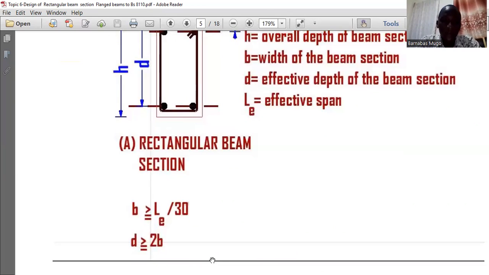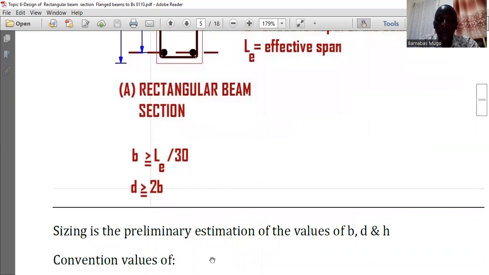So if I want to know the value of B, it is LE over 30, meaning that the LE, the effective length, the distance between the two supports, I divide by 30. Whatever I obtain is the value of B. Then the value of H is 2B.